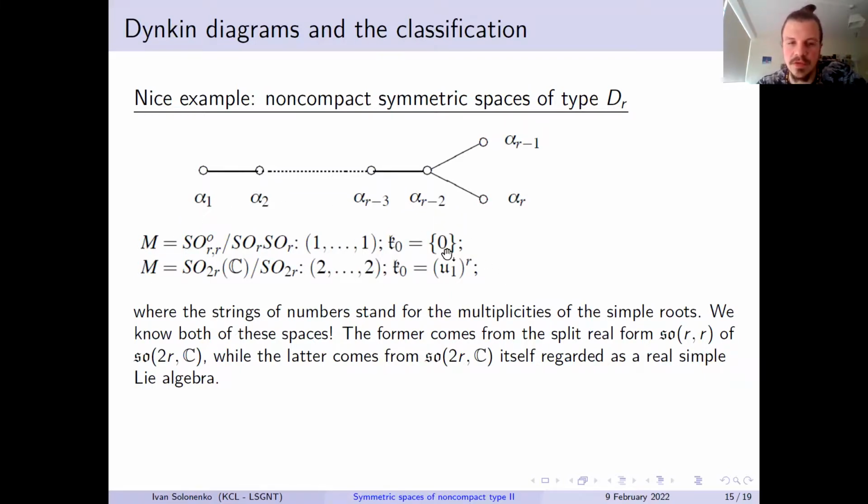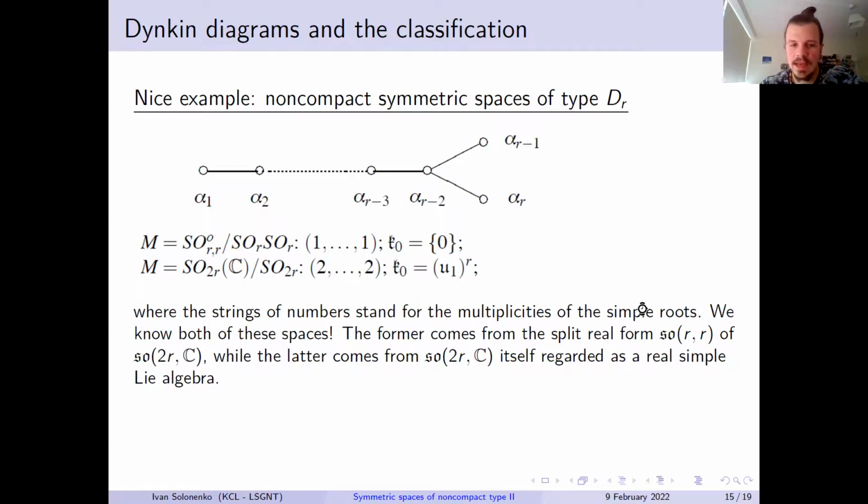And because it's a split form, all multiplicities are 1. And the second one is SO(2r, C) itself, regarded as a real semisimple algebra. And the corresponding symmetric space of non-compact type is just SO(2r, C) quotient by SO(2r, R). And because this is a complex algebra, all multiplicities are 2, because they're 1 over C, therefore 2 over R. We also discussed this before.